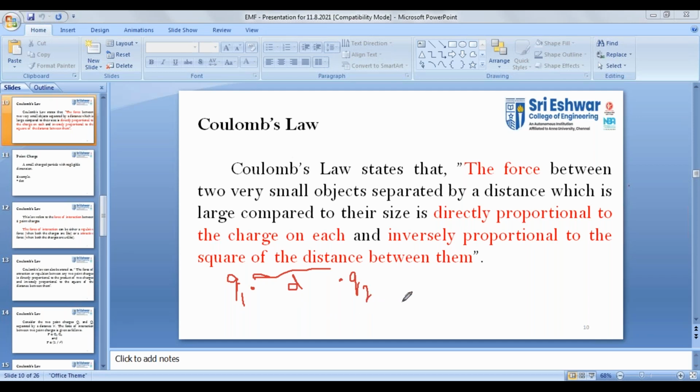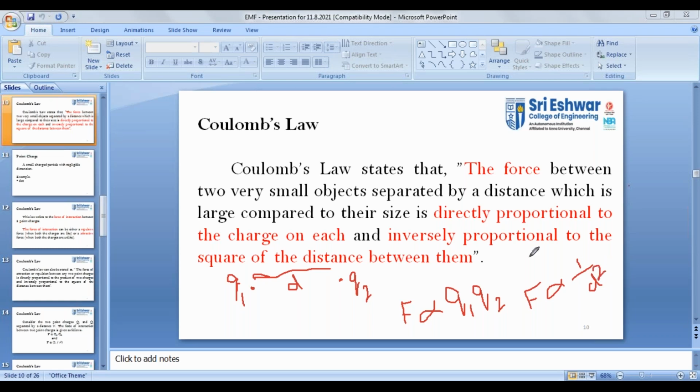If this is the case, Coulomb found that the force exerted is directly proportional to the charges on both objects, that is, proportional to Q1 Q2, and that the force is inversely proportional to the square of the distance between them, so it becomes 1 by d square.